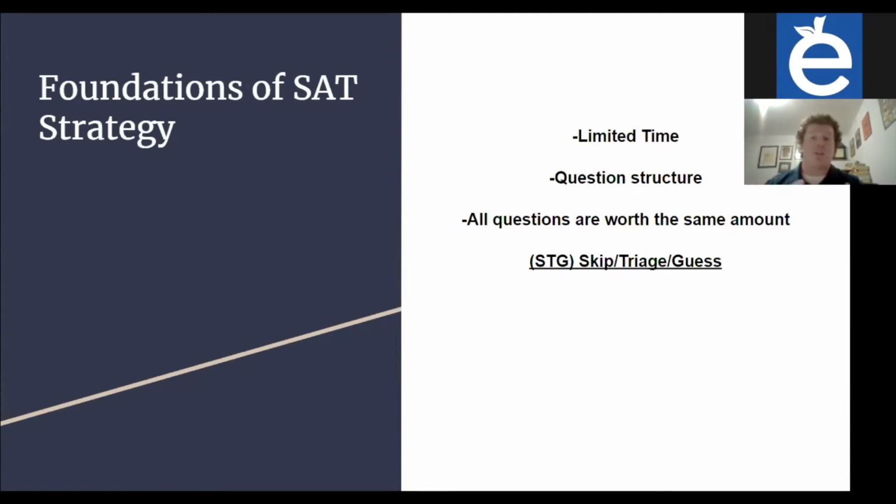And that gets us to guessing. Guessing is an option on the SAT. It's a multiple choice test where, save for a few parts of the math section, you're able to choose one of the answers provided. There are 4 options on all the multiple choice questions.